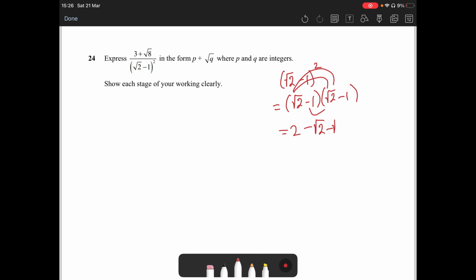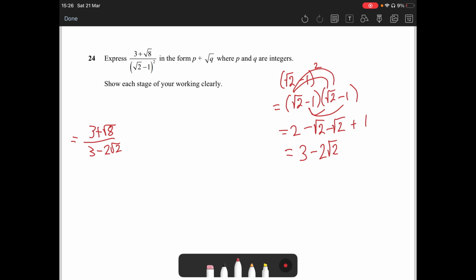Then you've got another minus root 2. And then you've got a plus 1 at the end. Okay, cool. So you're going to get 3, because of your 2 plus 1, minus 2 lots of root 2. So the first step is by just saying, well, this actually is 3 plus root 8 all divided by 3 minus 2 root 2. We have dealt with the squared term.